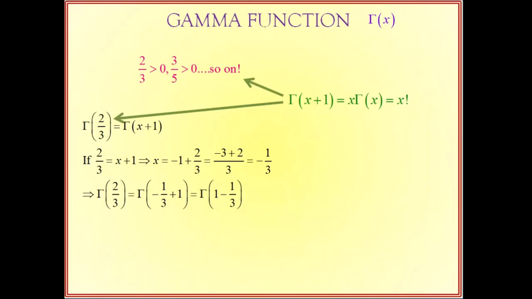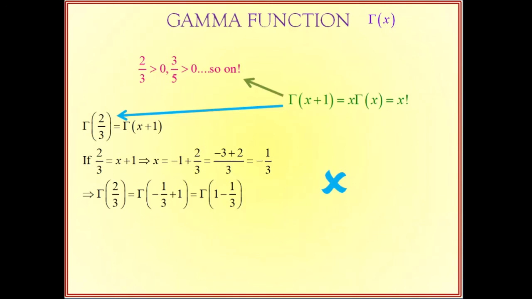After solving for gamma 2 upon 3, we will have something like this, in which we come across 1 minus 1 upon 3. So it is clear that this formula is not applicable for gamma 2 upon 3. But it does not mean that we cannot use it on fractions greater than 0.